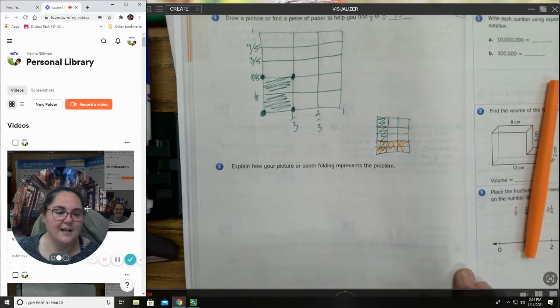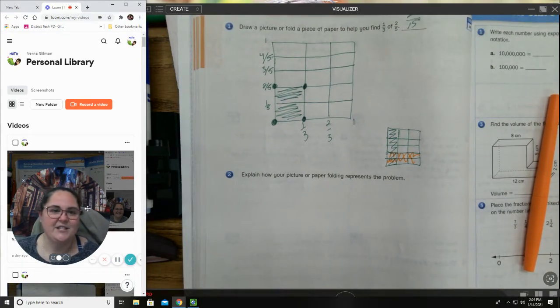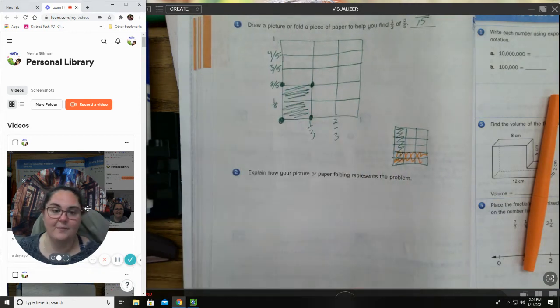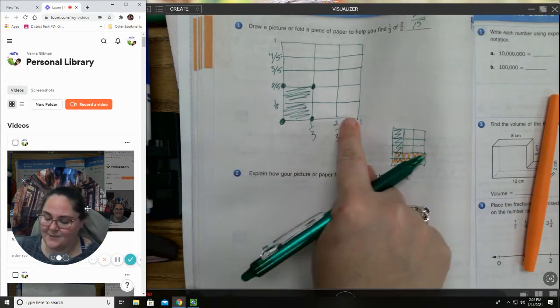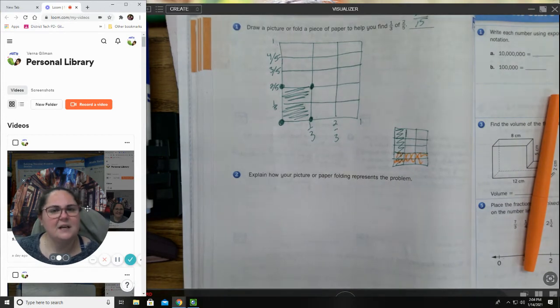I want you to now try to use words to explain how my picture, either one of them, shows this problem. Why does this picture show 1/3 of 2/5? See if you can explain your thinking. I want you to try to type out your reasoning now.